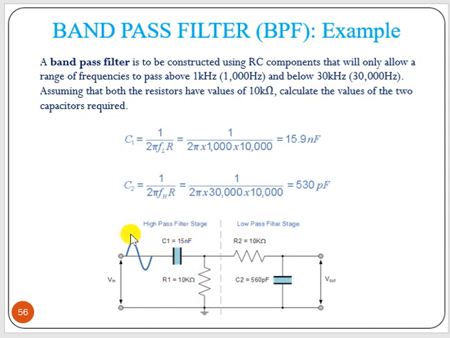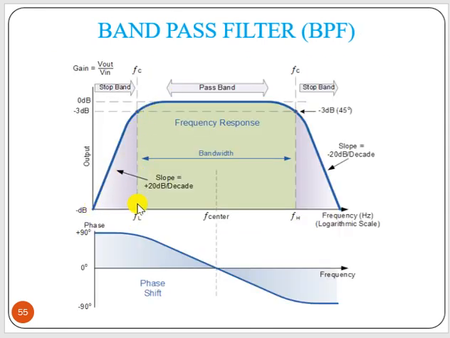So this high pass filter stage decides the lower cutoff frequency. So this is your high pass type, and this is your low pass type response. High pass type decides your lower cutoff frequency, and low pass type defines your higher cutoff frequency.